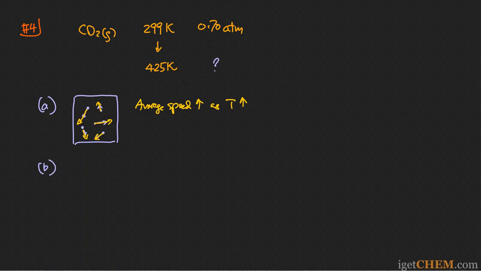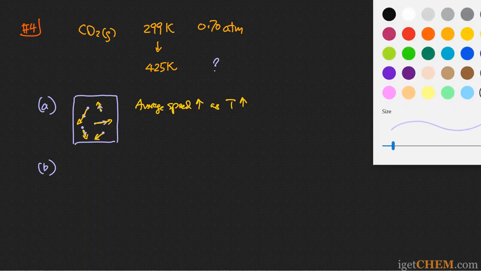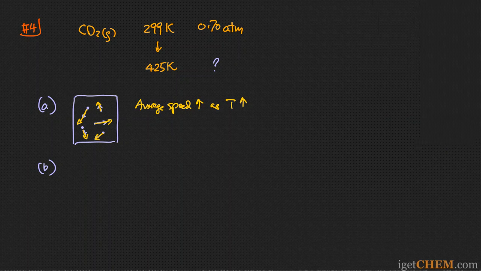Then part B asks you to now calculate the pressure of the CO2 at the higher temperature. So of course the best way to do this is to use the ideal gas law, which is PV equals nRT. You notice you can rearrange the ideal gas law into this form.